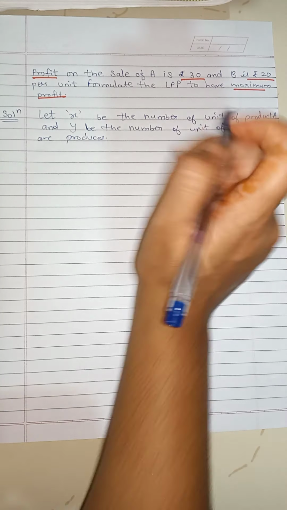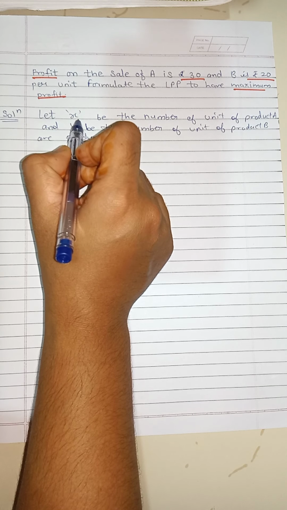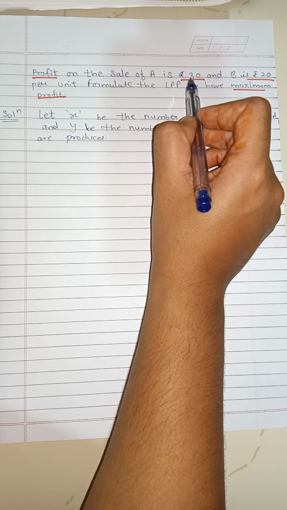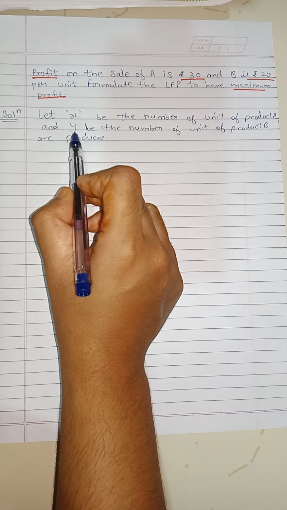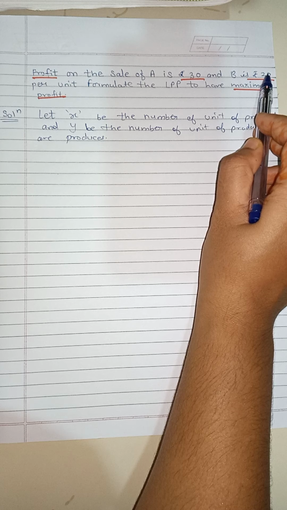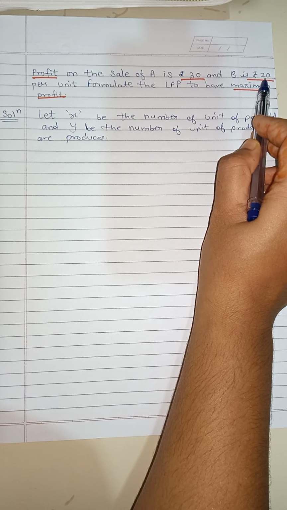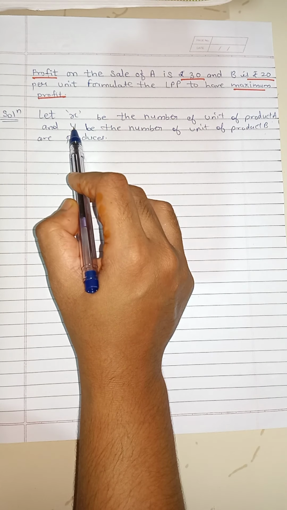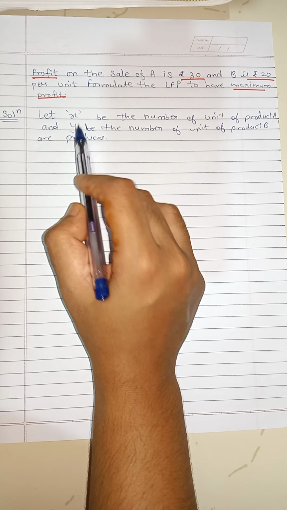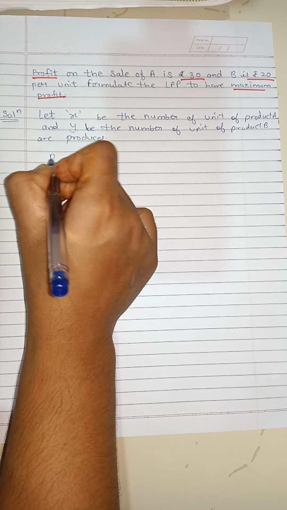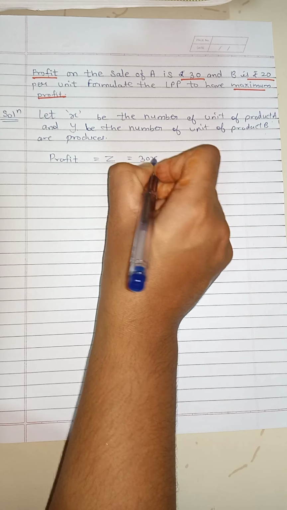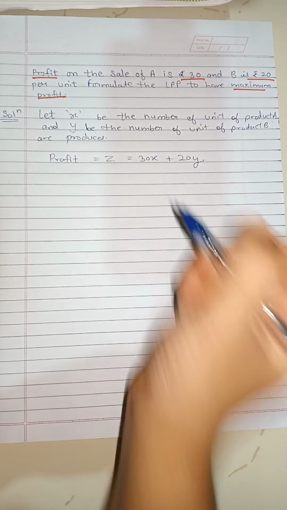That means if we have x number of units of product A, then we get 30x, and for y number of units of product B, if we get a profit of 20 rupees per unit, then for y units we get 20y. So we write the profit function as Z = 30x + 20y.